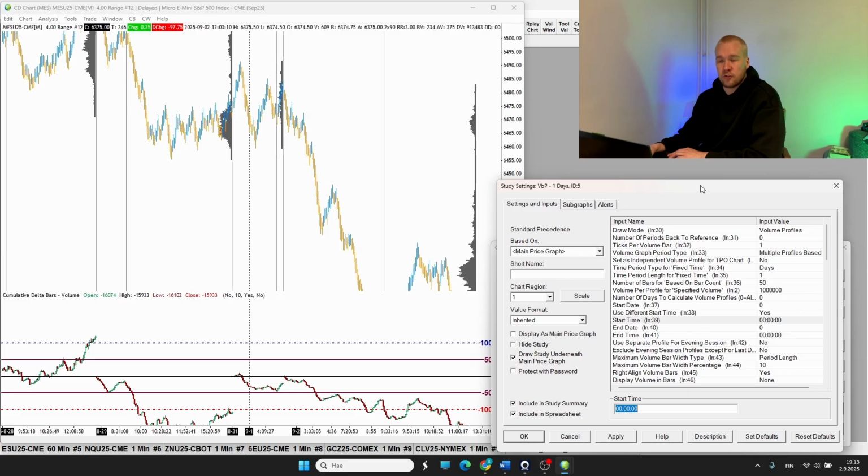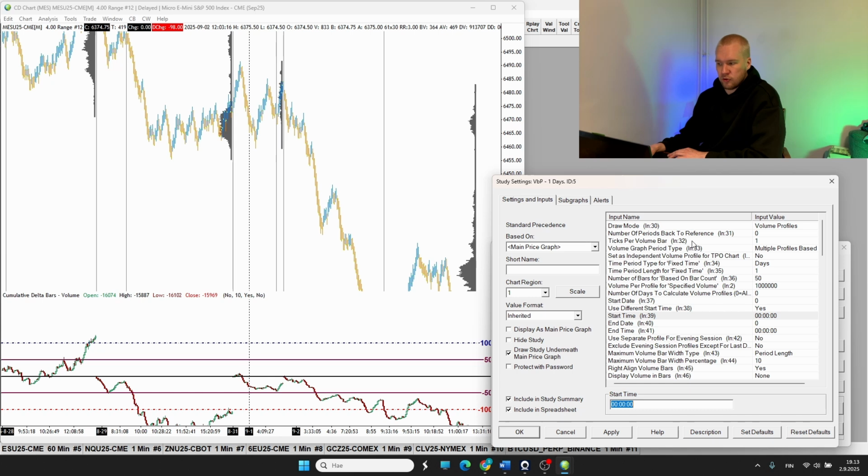If you want to, you can make it start and end at midnight if you want to. But I'm not going to change any of these settings. I don't mind if the previous day comes into here, into the same volume profile. If I want to look at each session separately, that's what I have the market profile for.